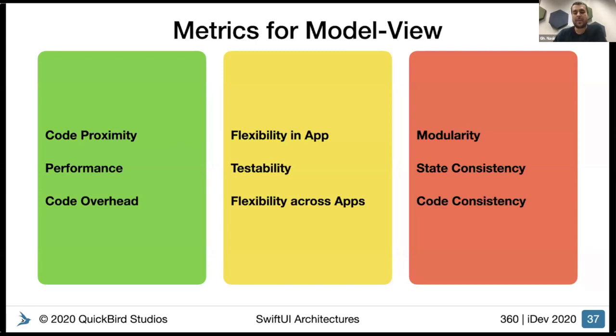Then for the red part, modularity is quite bad, because you don't have this separation of concerns, where you are separating what is happening in the model from what the view should do.